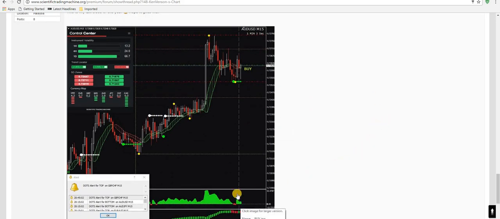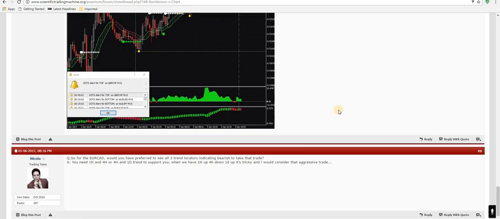As you can see, green here, 2 higher time frames are green. We got our signal and swing dots right here. And he entered right there. All right, let's see if he gives us an update.